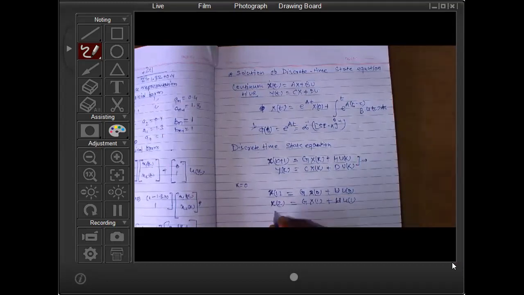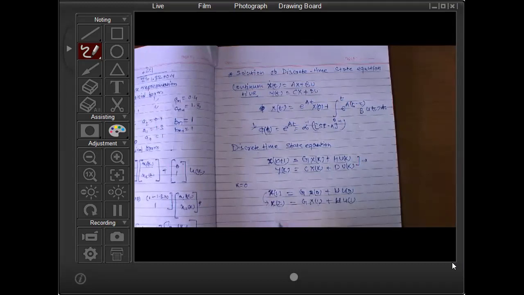Now you know the value of the discrete state variable at k is equal to 1, and you can put the value of x(1) in equation 2. Then you can find the value of x(2).